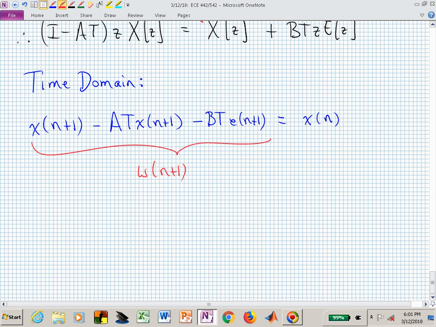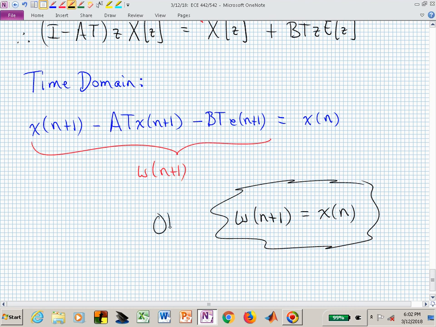So now, what have I actually done? Well, now I've created a new variable, W of n plus 1, and it's equal to X of n. And boy, is that going to be helpful. And we're going to use that later.